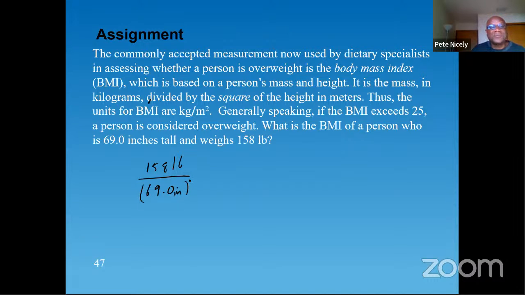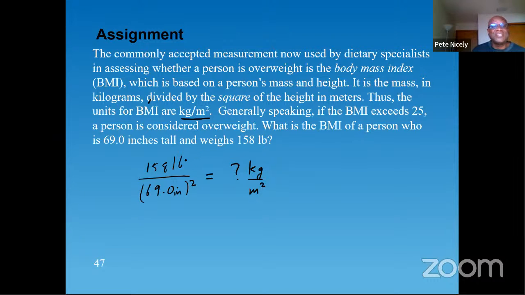Now, directly speaking, the resulting units would be pounds per inch squared, but we want to get the answer in kilograms per meter squared. So the question is, how do we achieve that?